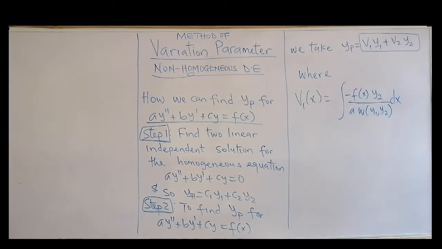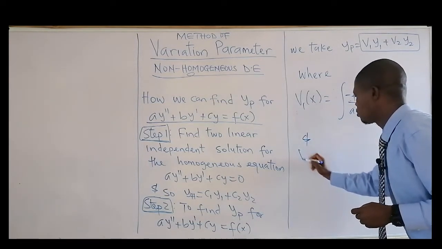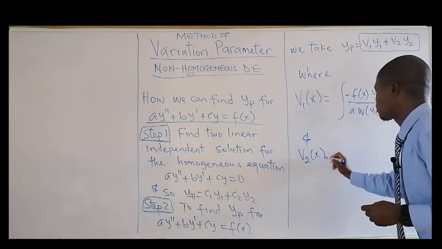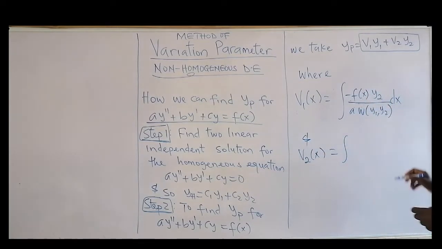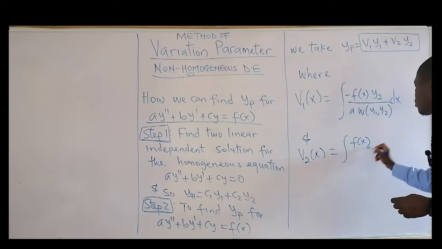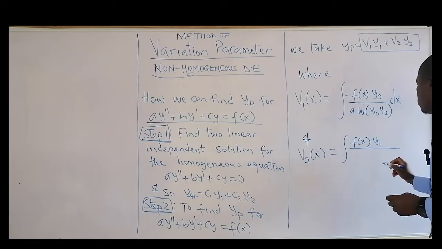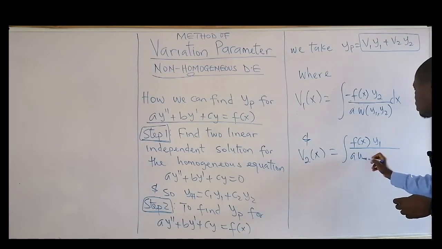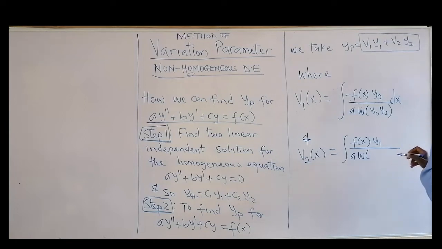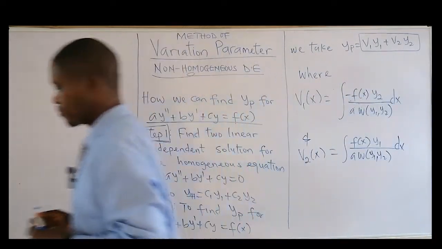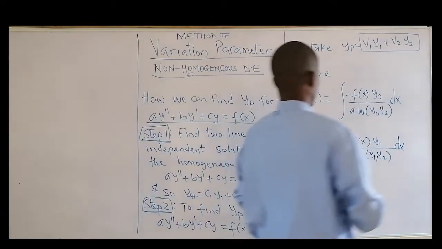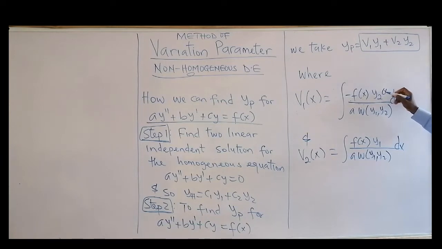That's that. And your v2 as a function of x is equal to the integral of f of x y1, over a times the Wronskian of your linear independent solutions y1 y2, dx. Note that y2 and y1 are also functions of x.